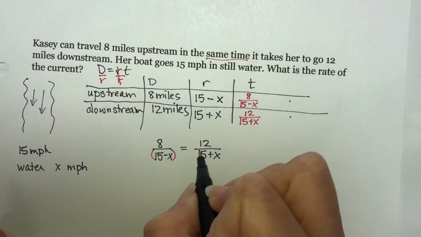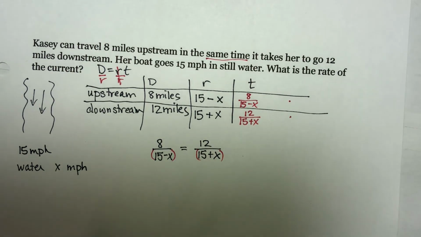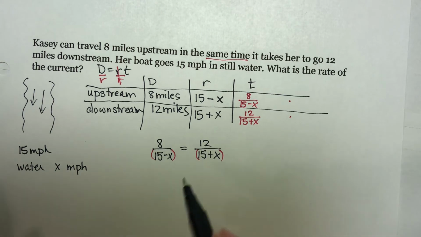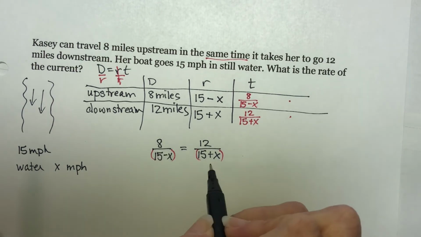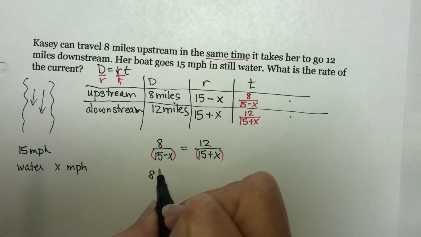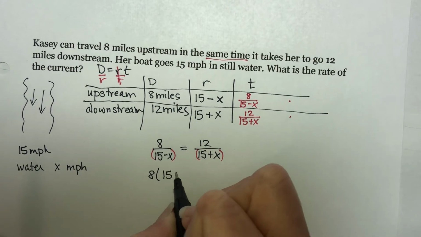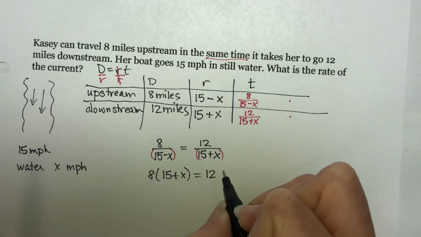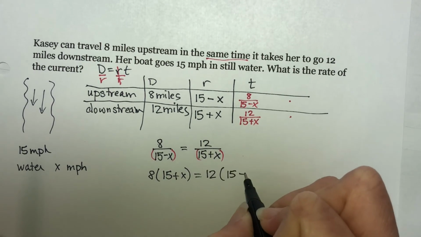I'm going to put parentheses around my denominators so I can remember to distribute. It doesn't matter which order you cross-multiply with first. So let's just do 8 times (15 plus x) is equal to 12 times (15 minus x).